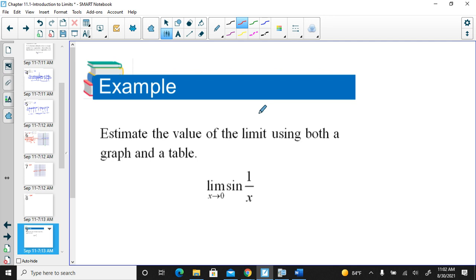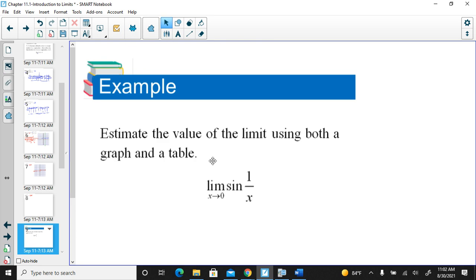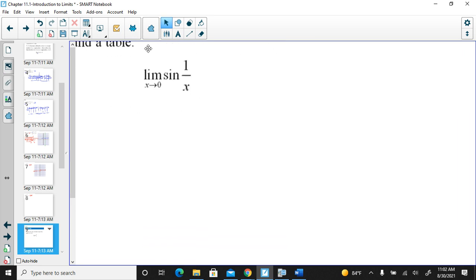Estimate the value of the limit using both a graph and a table. We haven't gotten to the trig functions yet. We will. But this is the only way to demonstrate what I would like to demonstrate here. So let's go ahead and look at a graph of this.